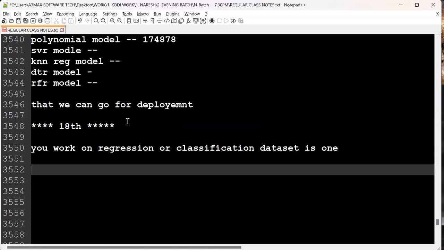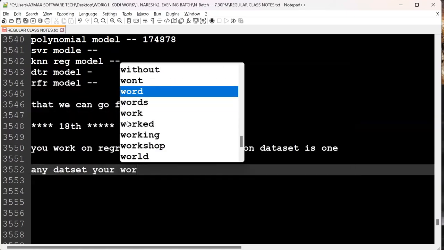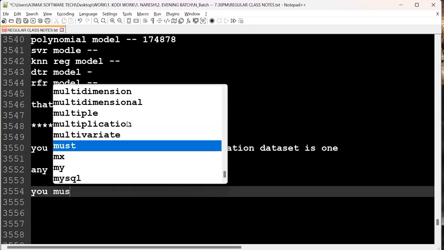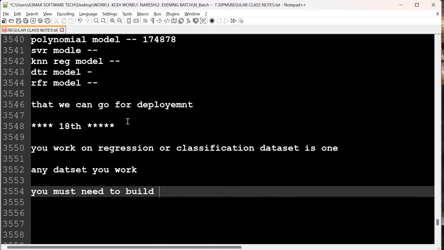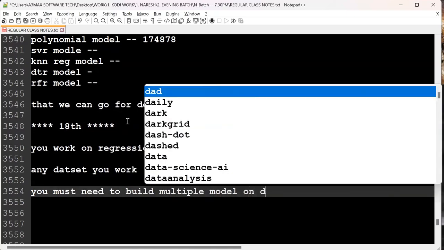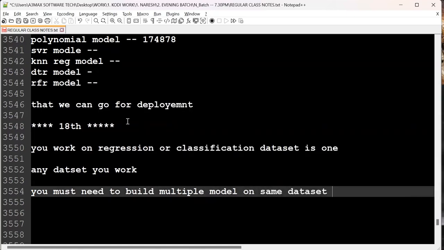Let me tell you, any data set you work on, you must build multiple models on the same data set, guys. You understand?